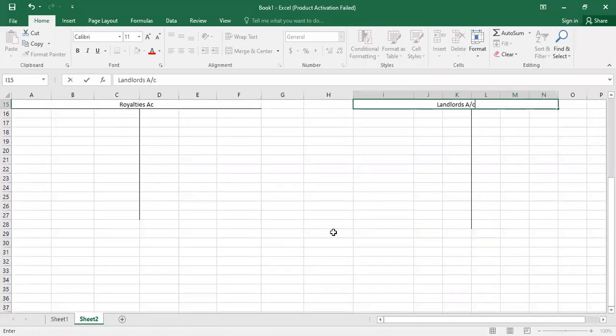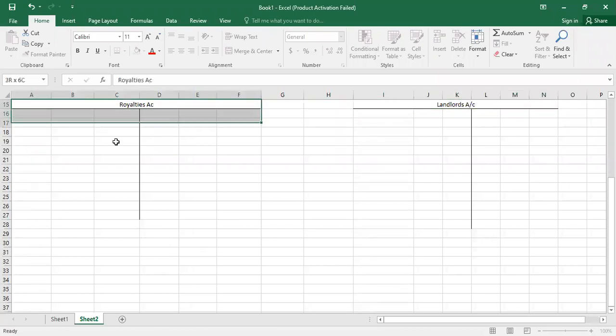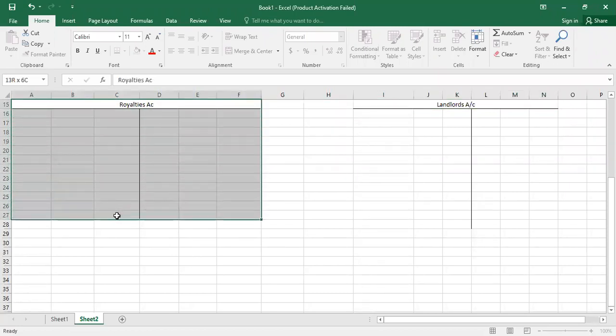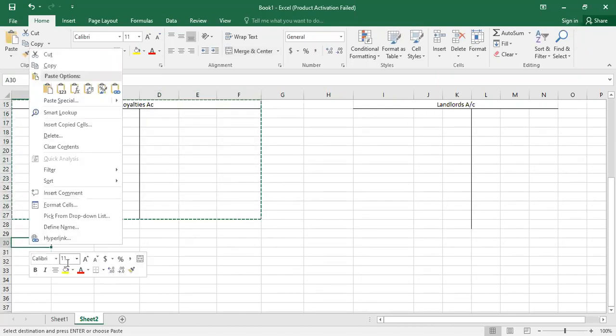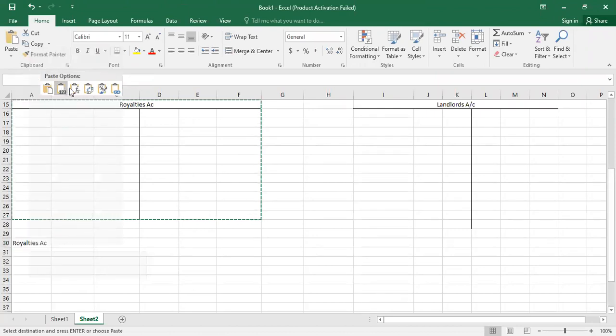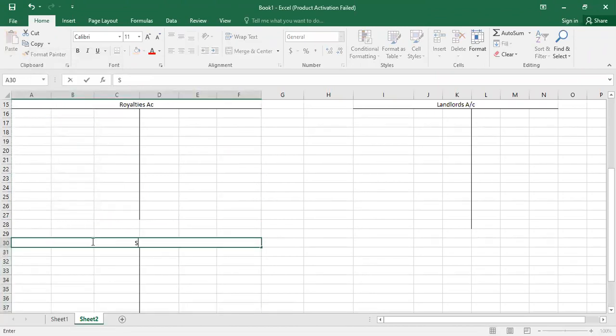If I go to the shortcomings, just copy paste this. Paste special. So this is the shortcomings account.